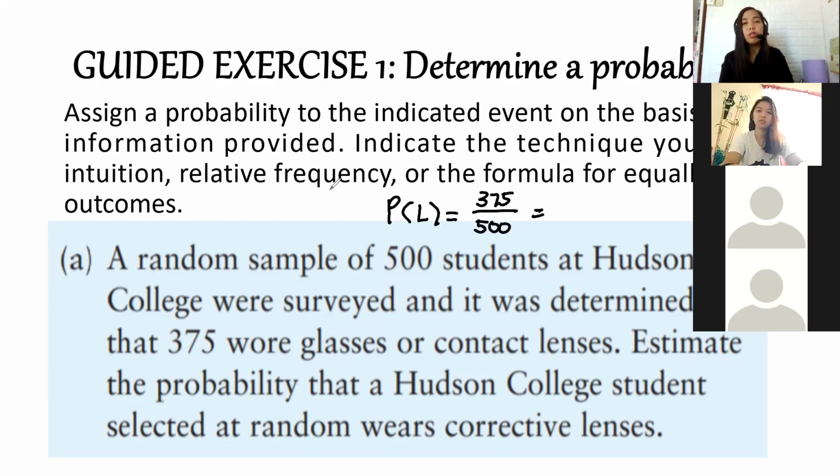It can be relative frequency, but this is about a random sample, so 375 over 500, when you simplify it, is equal to 3/4, or 0.75, or 75%. So we're using relative frequency, F over N.